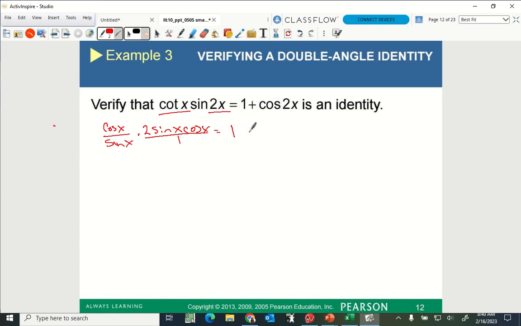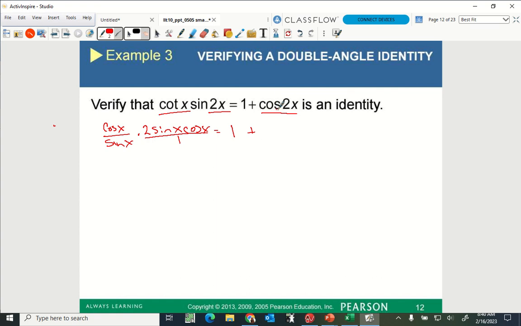Equals 1 plus. Now, the cosine 2x needs to change also. But I'm not going to do this one yet. I'm going to try and clean up the left side first. Because when we look at this, we want to verify an identity. I want the left side to be equal to the right.